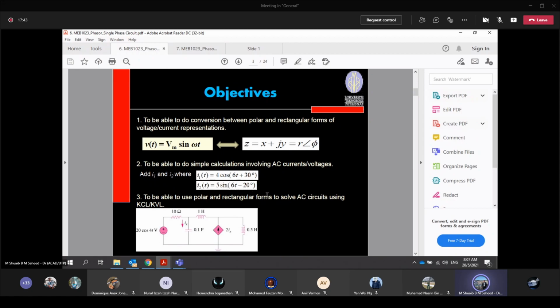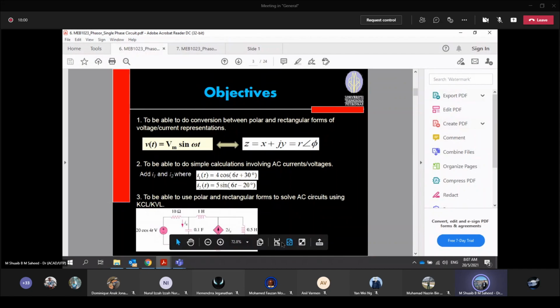Most importantly, you should be able to use polar and rectangular forms to solve AC circuits using the KCL and KVL approaches.